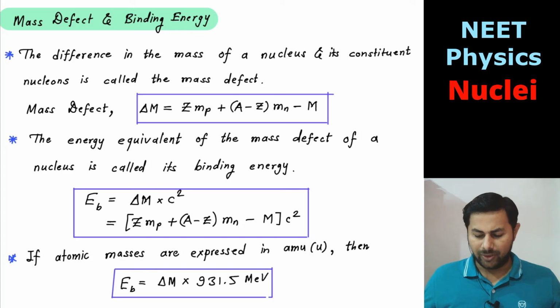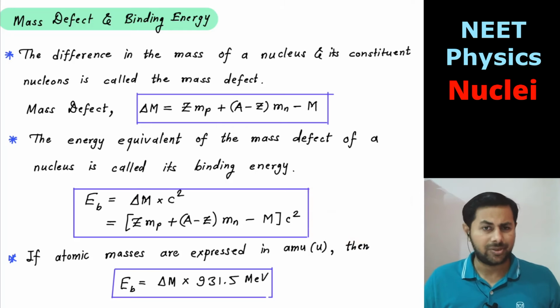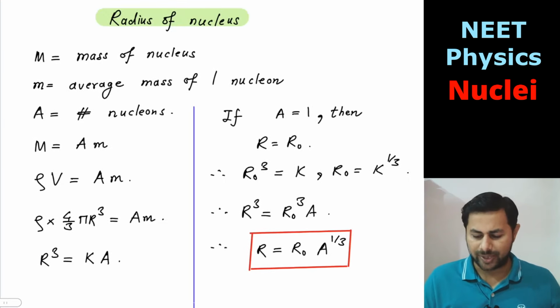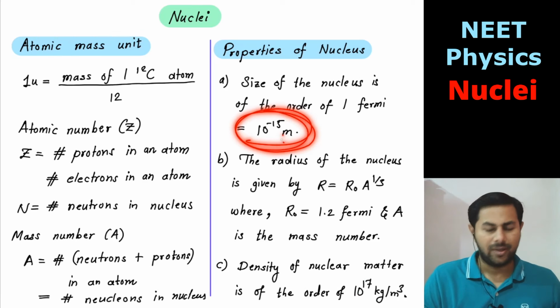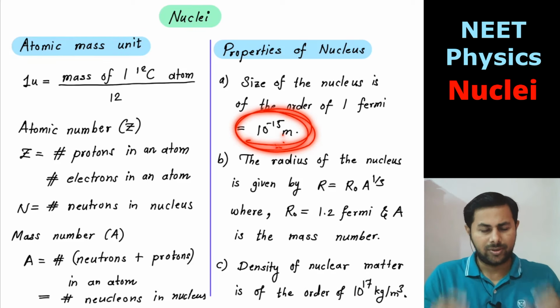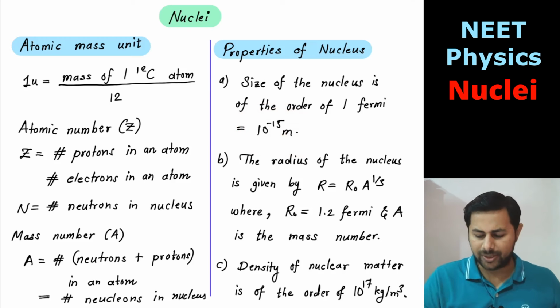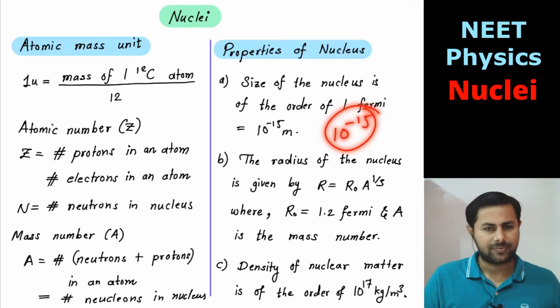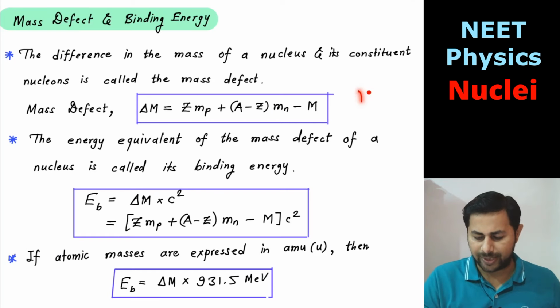Now inside a nucleus, the protons are very close to each other. We have seen the radius of the nucleus is of the order of 10 raised to minus 15 meters. So the two protons, you want to keep them so close inside a radius of 10 raised to minus 15 meters, so the separation between them would be of the order of 10 raised to minus 15 meters.